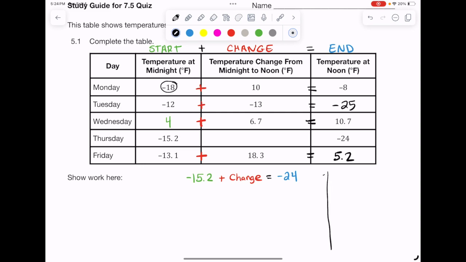So on a number line, negative 15.2 is my start. Negative 24 is my end. So I'm trying to figure out what is the change that takes me from the start to the end.